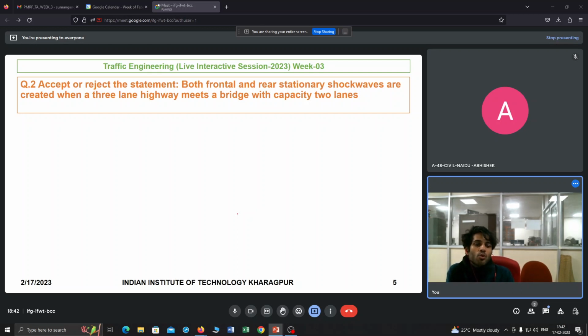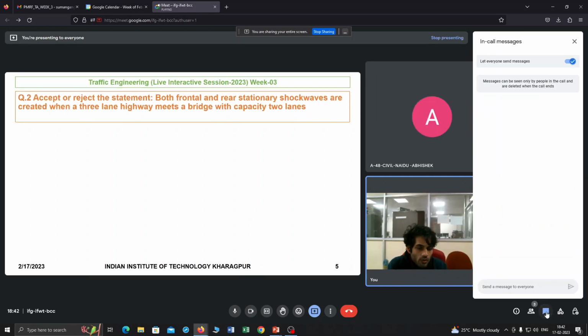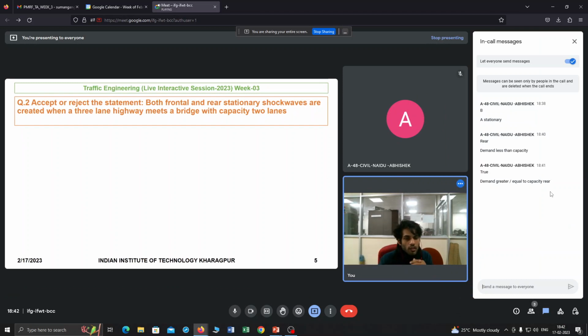Is it that both will occur simultaneously, or is it something else? So you said demand greater than or equal to capacity.